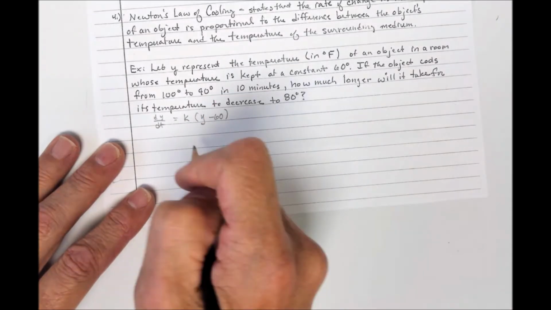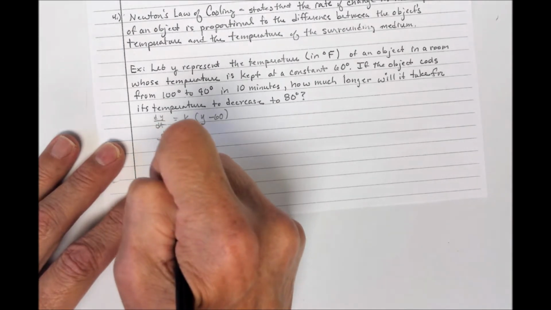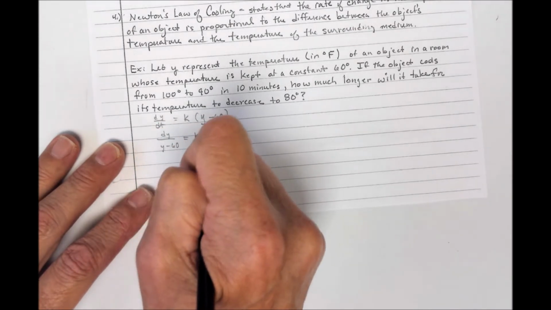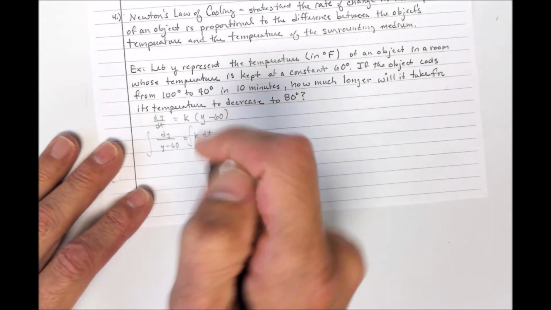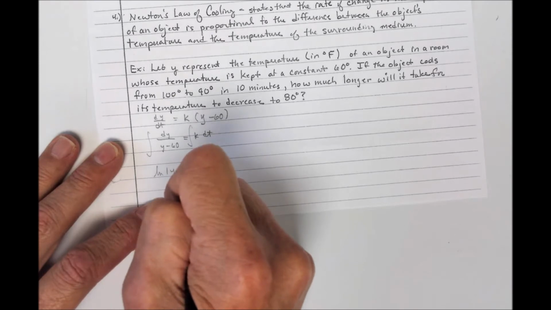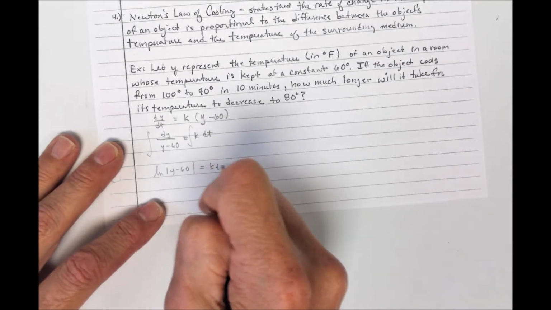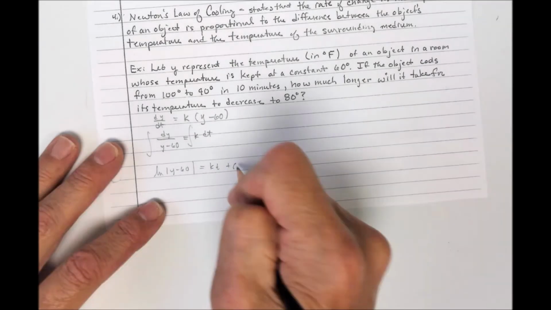So if I separate the variables, I get dy over y minus 60 equals k dt. I integrate both sides. I get the natural log of the absolute value of y minus 60 is equal to kt plus a constant. Oops, plus a constant.